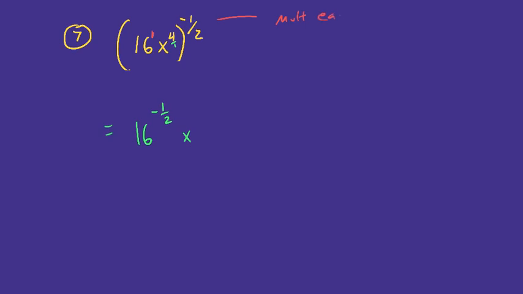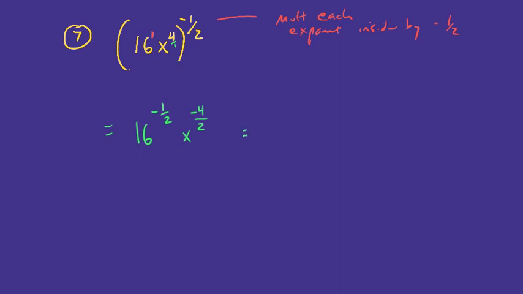Multiply each exponent inside by negative 1/2. And 4 times negative 1/2 is going to be negative 4 on top, 1 times 2 on bottom. 4 over 2 is 2. Negative 4 over 2 is negative 2.